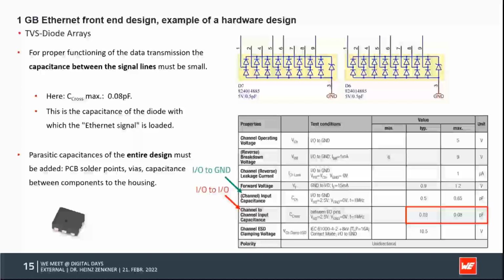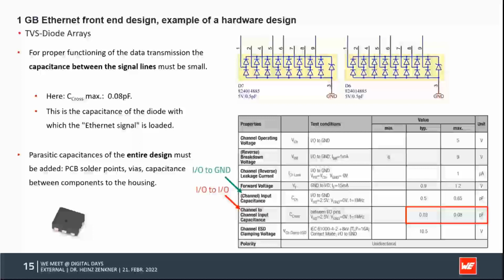So you see here we have a C cross, like it is called here, of 0.08 picofarad. Where is it here? You see it's here. C cross maximum 0.08 picofarad.